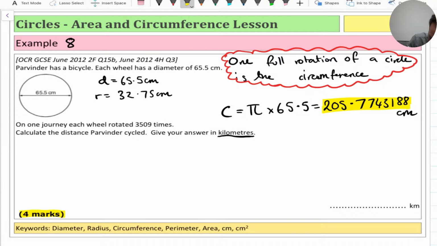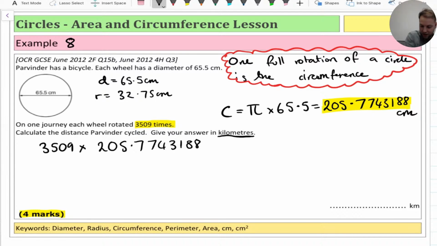Now it tells us that the wheel rotated 3,509 times. So to find the total distance for all of these, it's going to be 3,509 times 205.7743188.